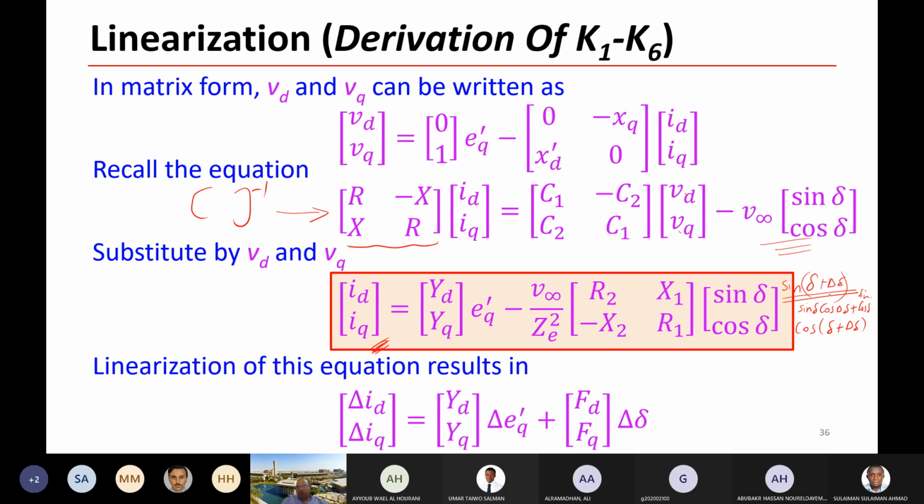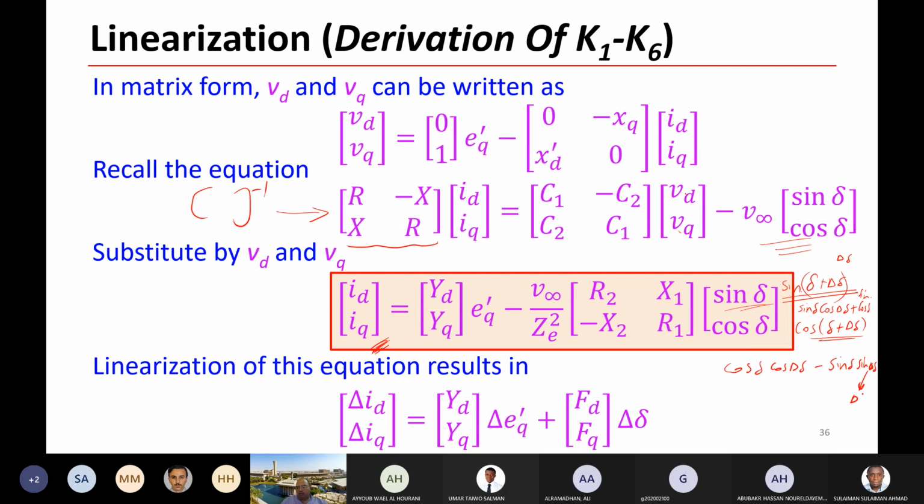If delta is very small, then cosine delta equals 1 and sine delta equals delta. So this will be as such, and the cosine can also be expanded: cosine delta minus sine delta times delta.